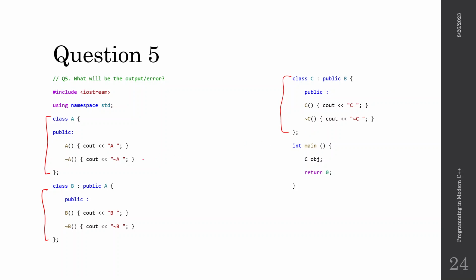So this question is mainly about the order of construction and destruction. You can also see that b inherits from a and c inherits from b.